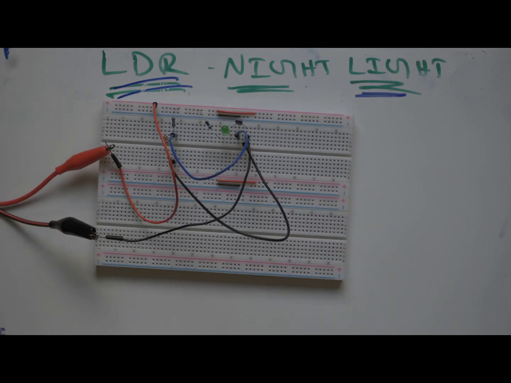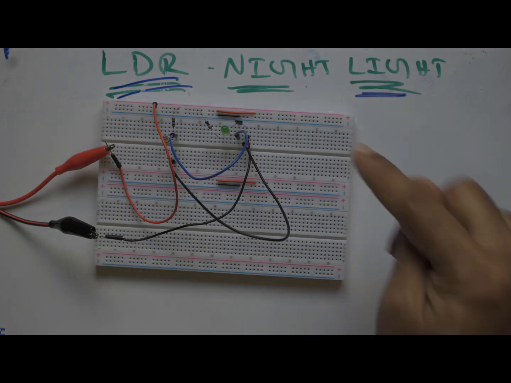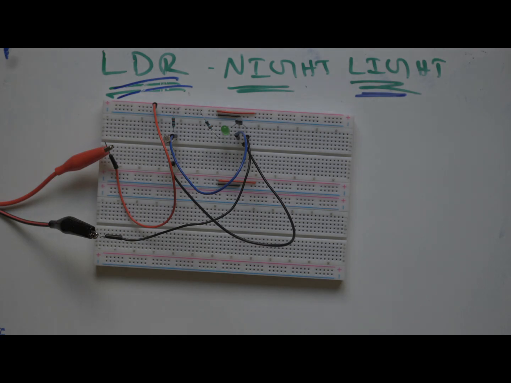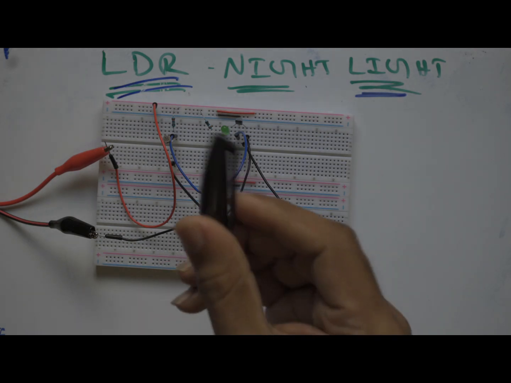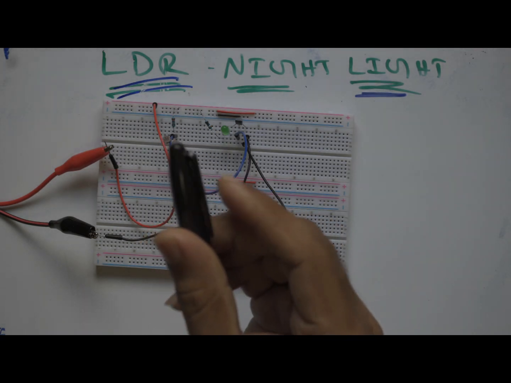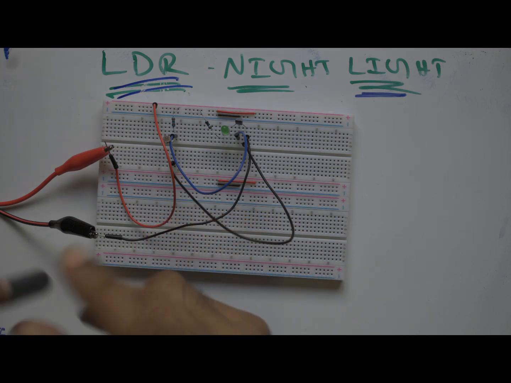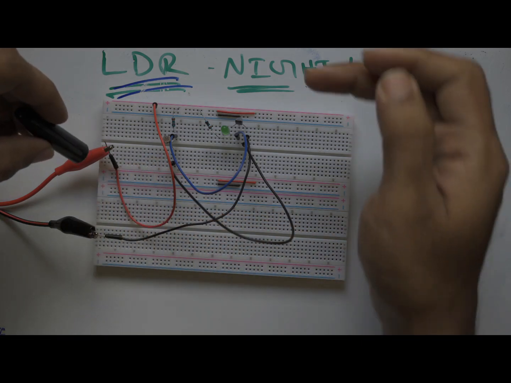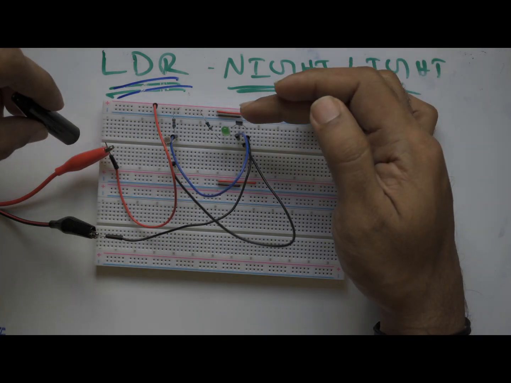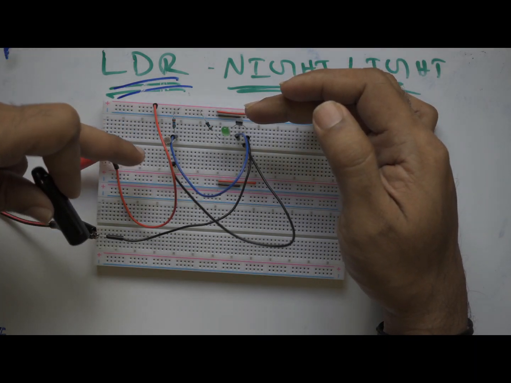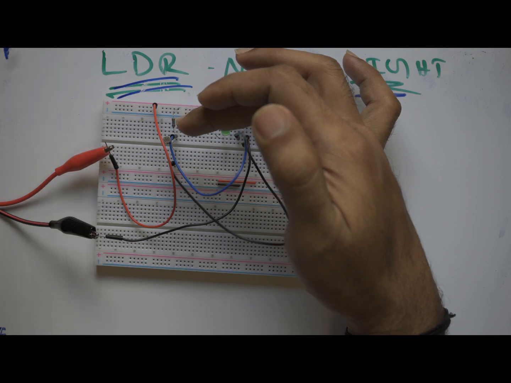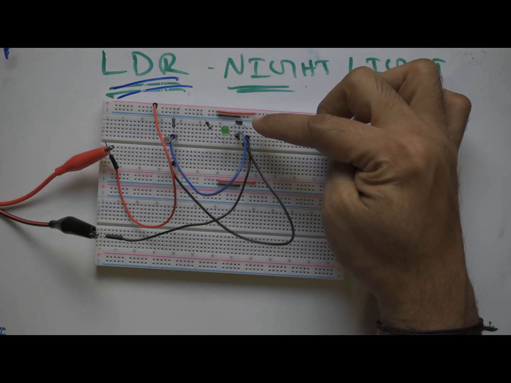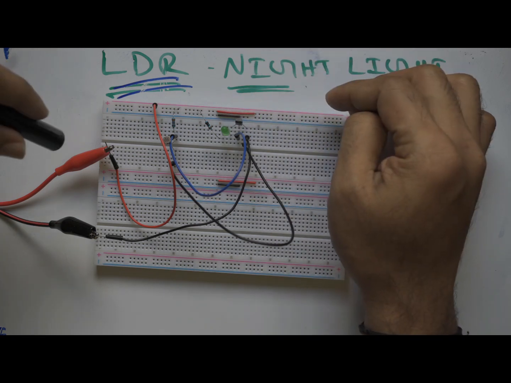So now, since we have ambient light, this LED will not glow. So in this case, I'm going to use this cap, and then we will blank out this LDR. The moment I start blanking out, the resistance goes high, and the voltage will follow this 47K, and then it gets bypassed to the base, activating this transistor and lighting up this LED.